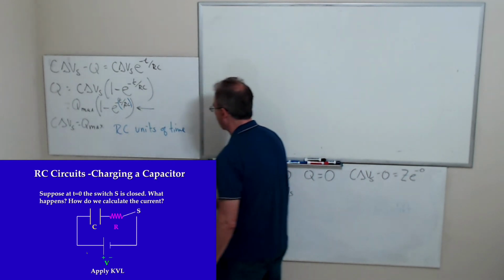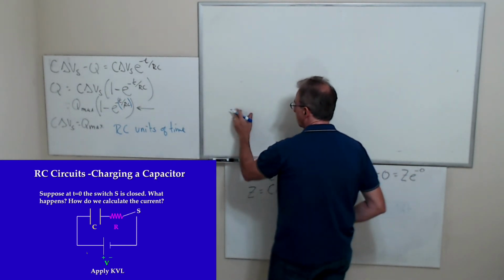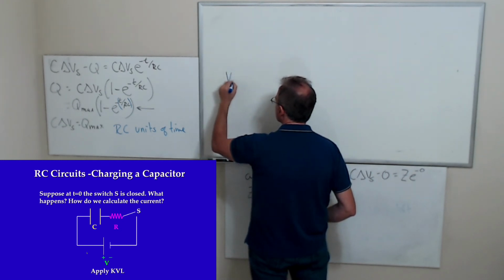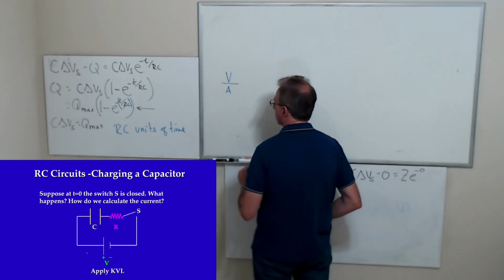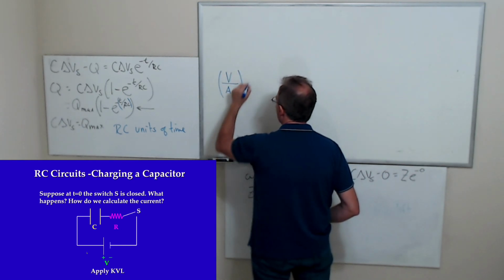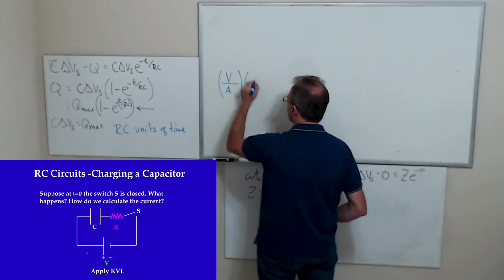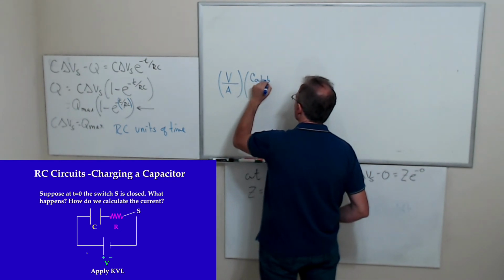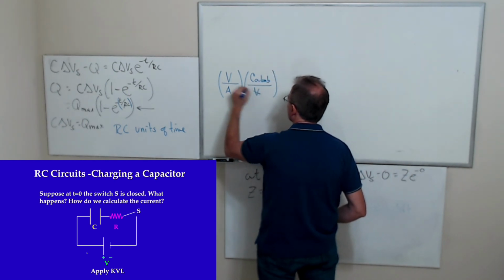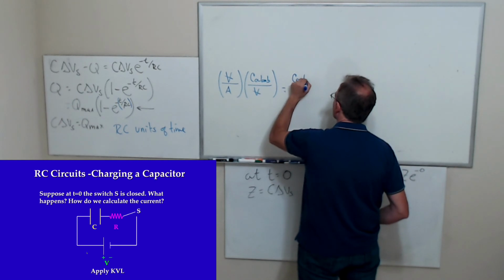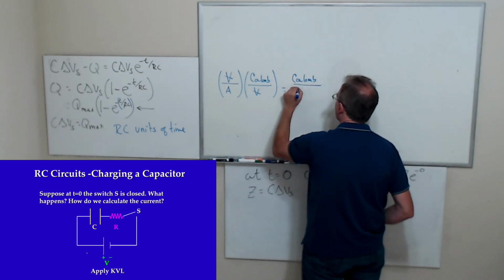But another way to look at this, that it has units of time: resistance is volts per amp. And then we multiply it by capacitance, which is a coulomb per volt, which gives a coulomb per amp.